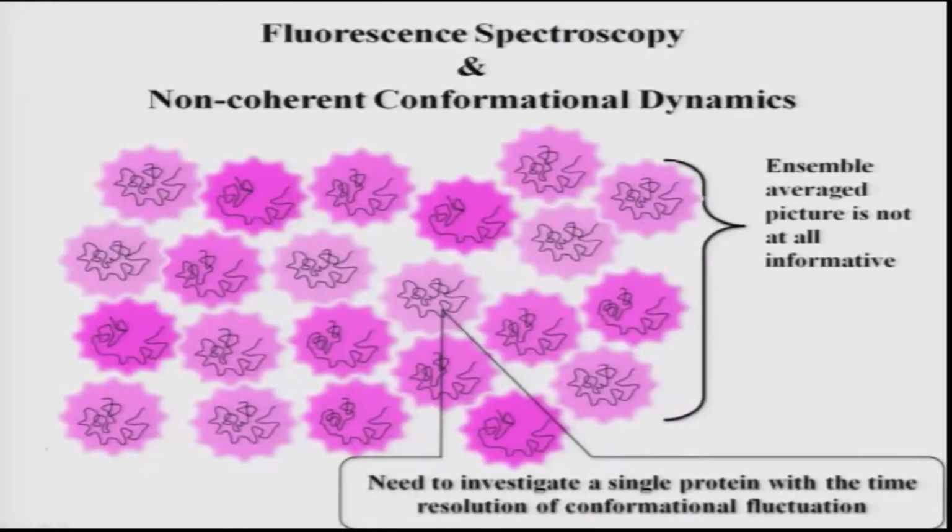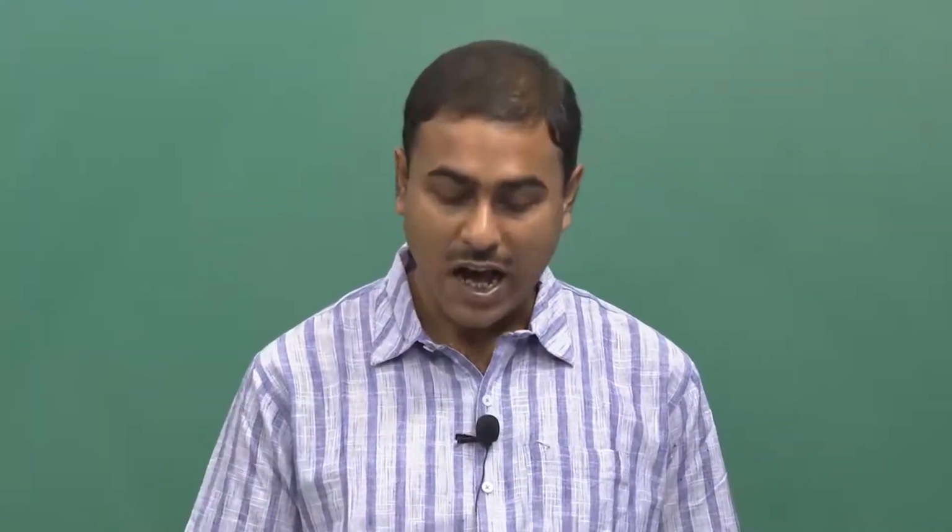So, my aim is to see individual biomolecules, as I have shown here. We need to investigate a single protein biomolecule with time resolution of the conformational fluctuation. If I see only this one, I will be able to tell how with time these biomolecules are fluctuating.